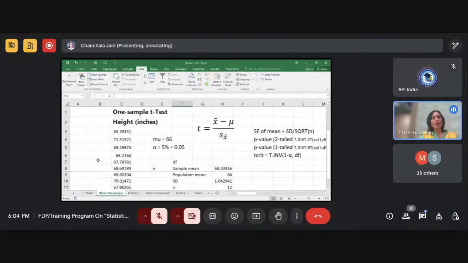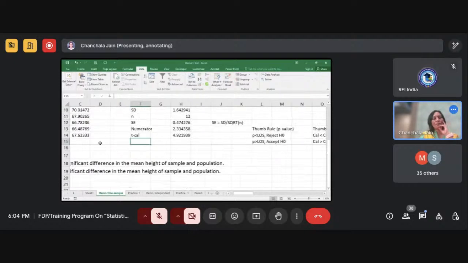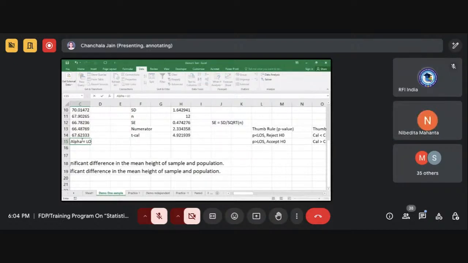Here, to get the t critical value, the function is T.INV with 1 minus alpha and df. What is alpha? Alpha is by default 0.05. That is the level of significance, which we generally take as 5%.